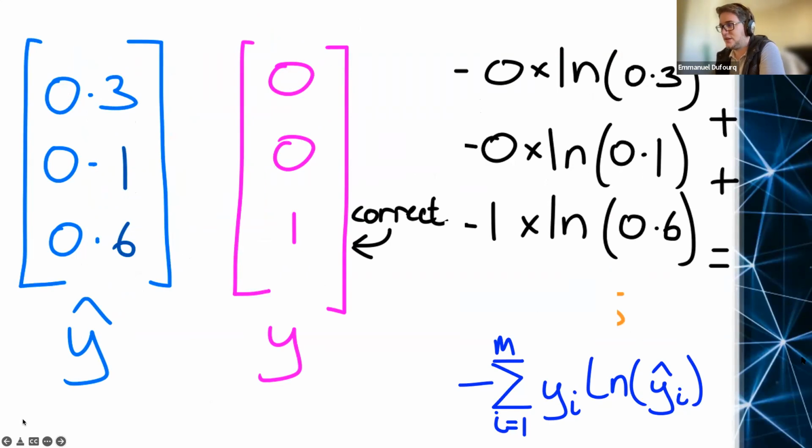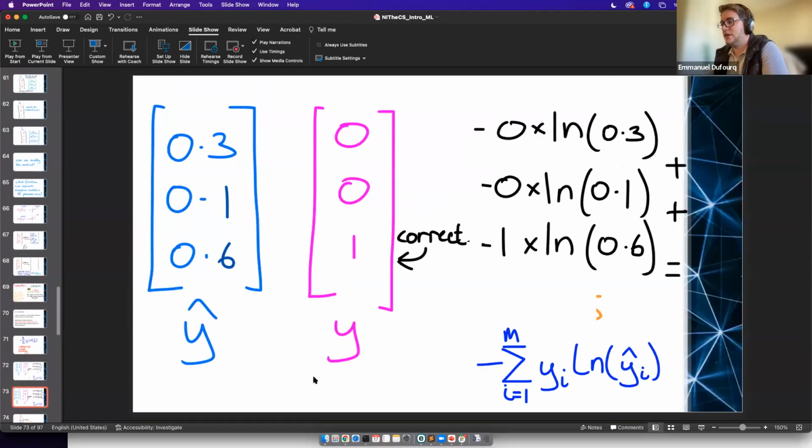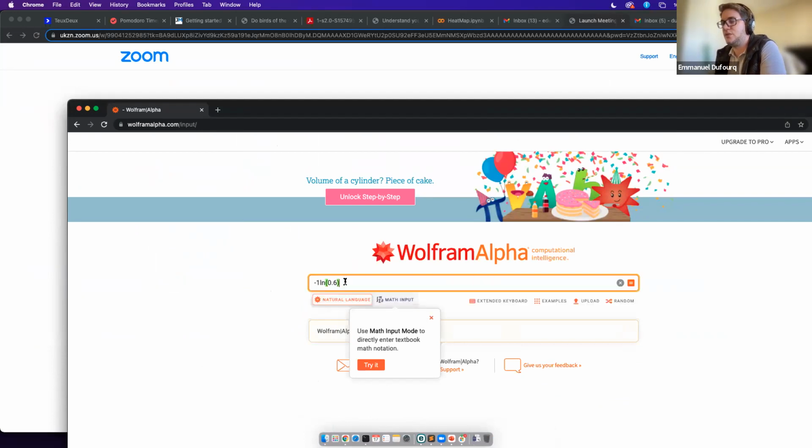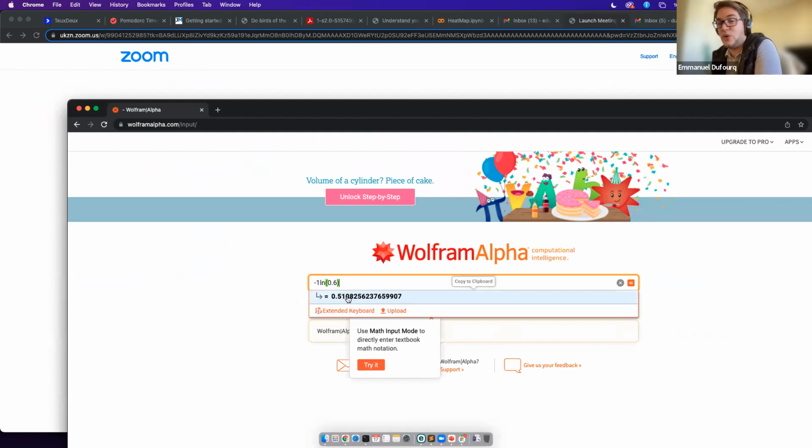Let's use categorical cross entropy again: 0 times the natural log of 0.3 plus 0 times the natural log of 0.1 plus 1 times the natural log of 0.6. 0 times anything is 0, so the expression is minus 1 times the natural log of 0.6. Let's go again on Wolfram Alpha and say minus 1 times the natural log of 0.6, which is 0.51.